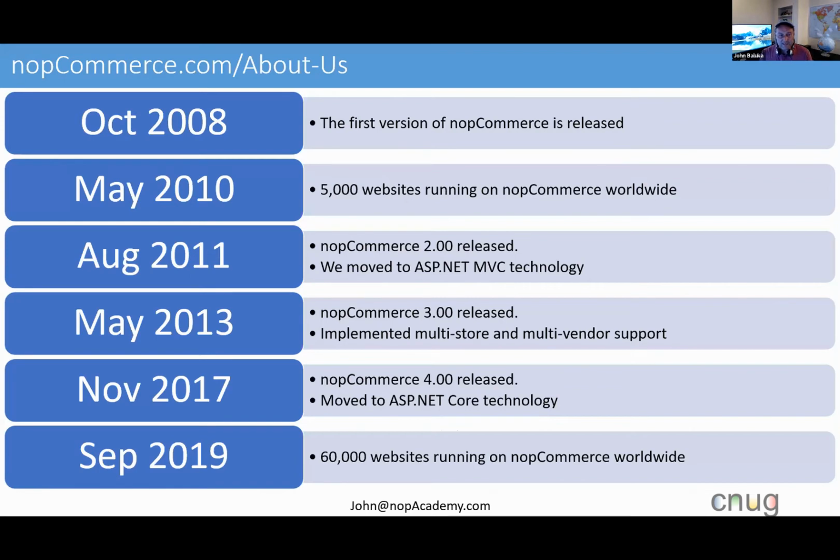In 2017 they released version 4.0, and that's when they started to prepare for ASP.NET Core. From what I see on their website, as of September 2019, there are 60,000 active sites using nopCommerce worldwide.